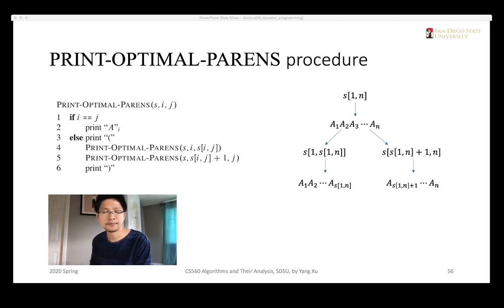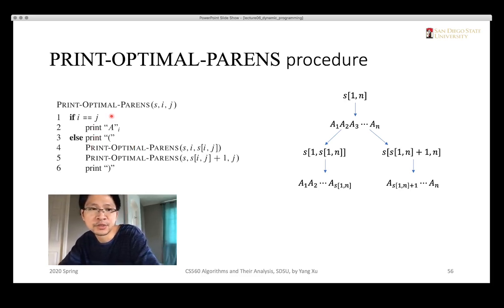So it's a recursive way of doing so, given the S, which is already computed, and the I and J that refer to the starting index and the ending index of the subproblem. So you can print the information needed. You can print all the K's that are necessary, so this procedure helps to print the final results of parenthesization.